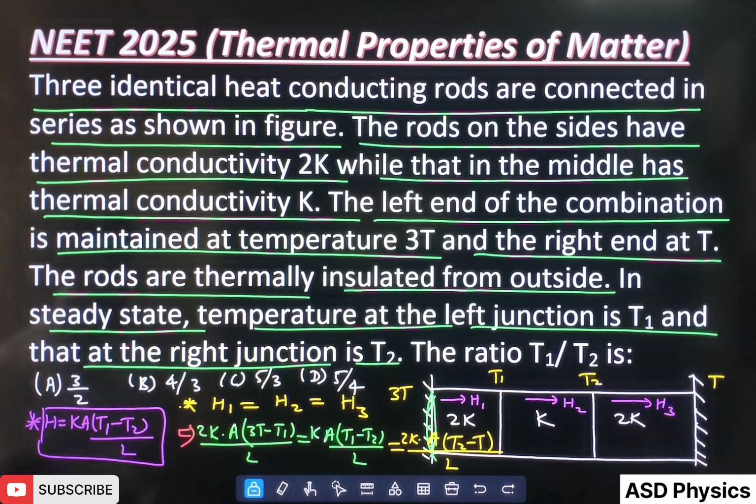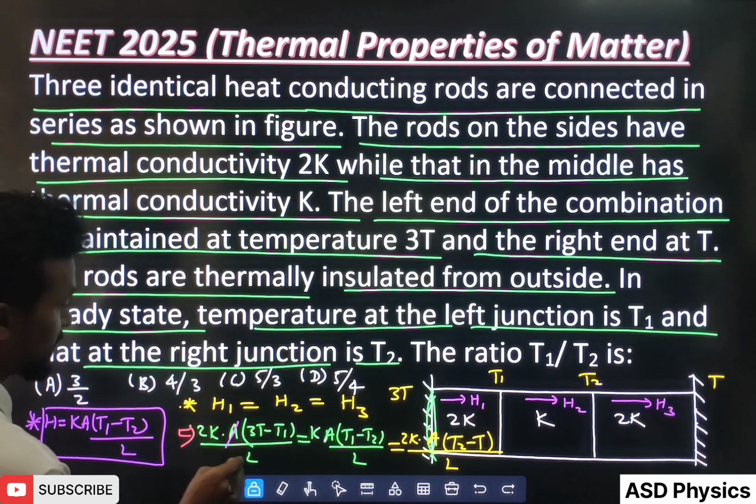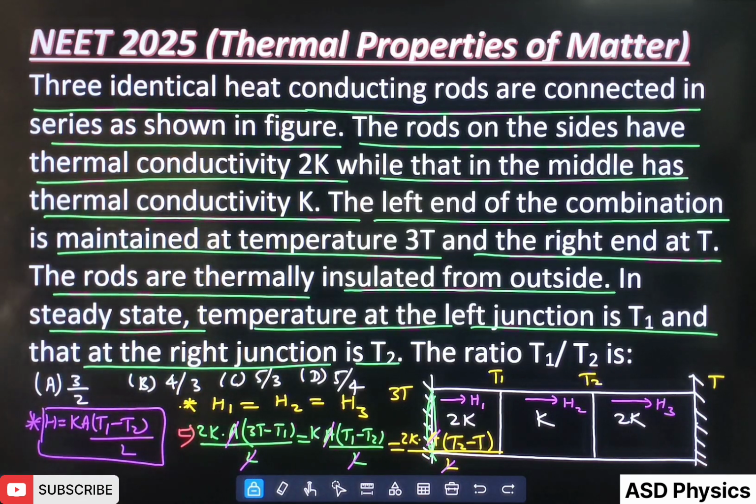So students, this is the situation. We can cancel out whatever things can be cancelled. You can see A and L are cancelled here, okay?